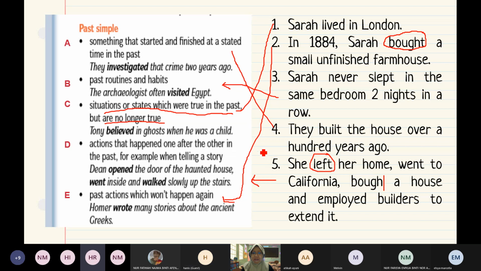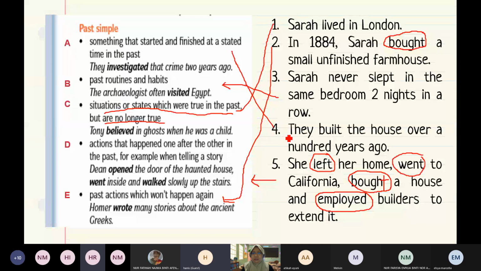Wrong spelling here. Okay, what else? Employed. Employed, correct. One more. Verbs. When. Yes. Good. When.